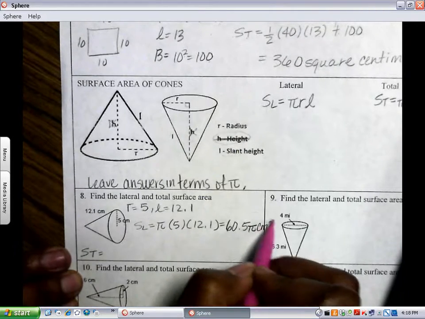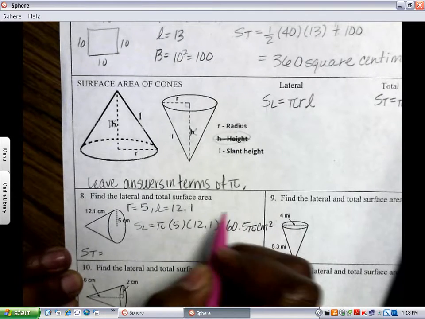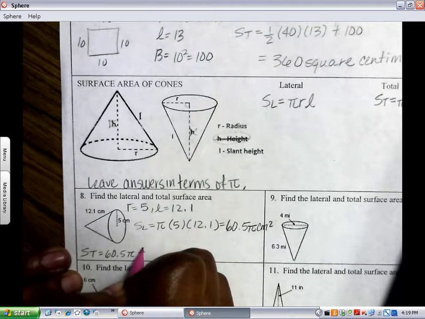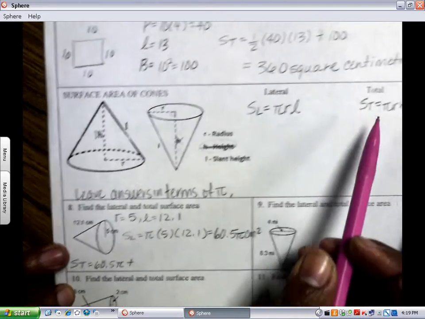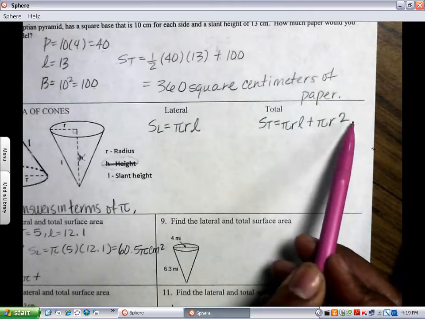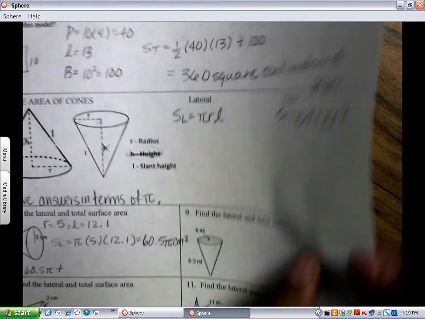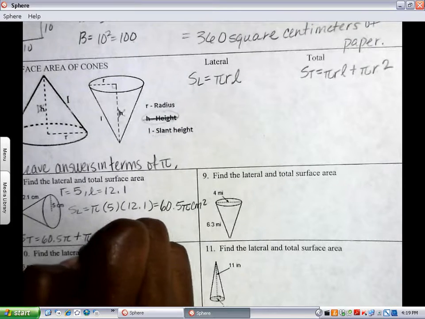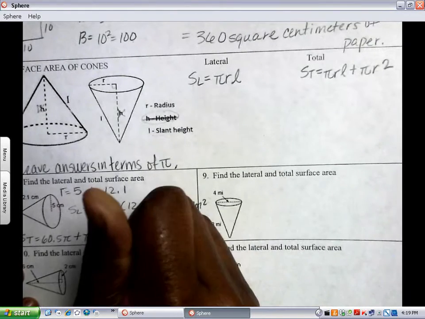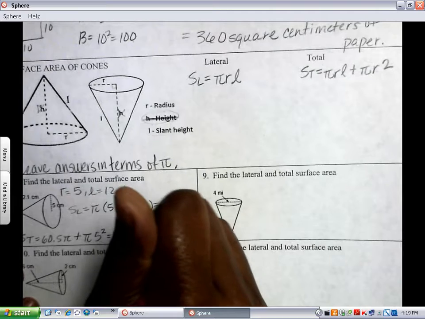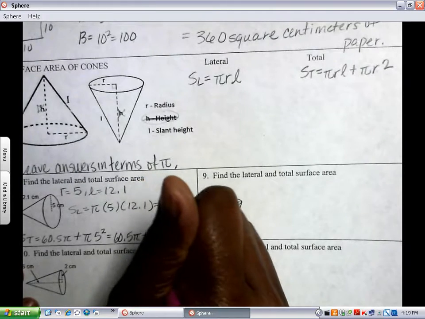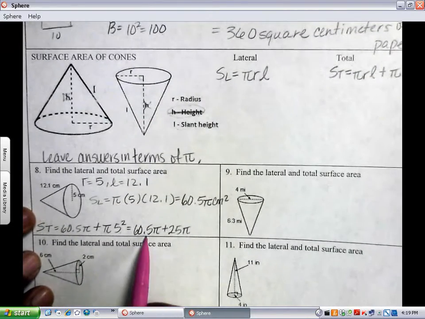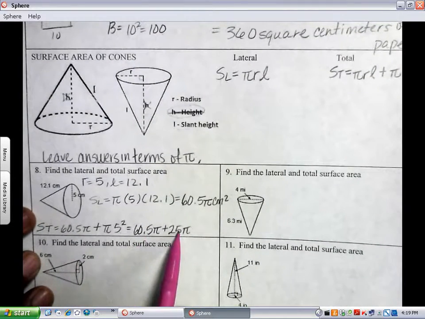We want to take that lateral part that we just found, so 60.5 pi, and we're going to add pi r squared to it. Pi times 5 squared. So what we have is 60.5 pi plus 25 pi. 5 squared is 25. So you want to add the 60.5 and the 25. Don't put pi into it.